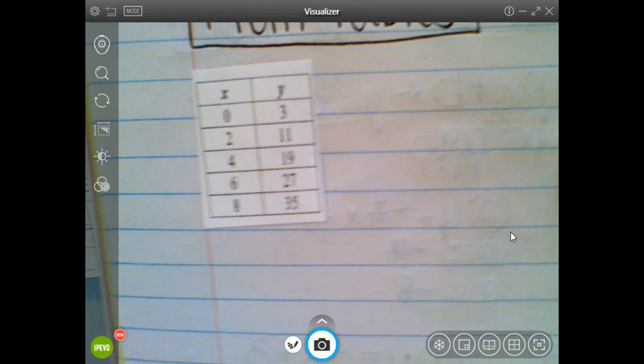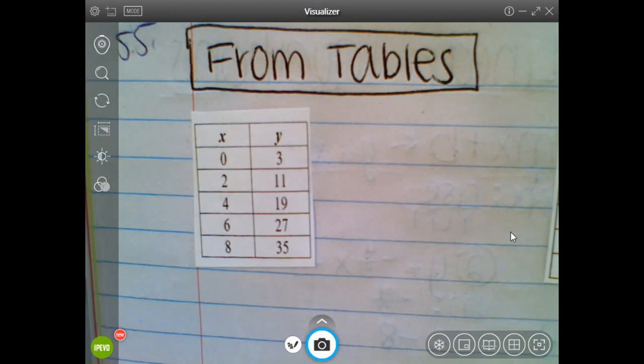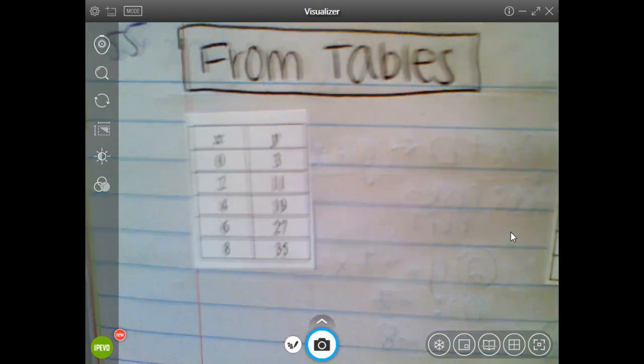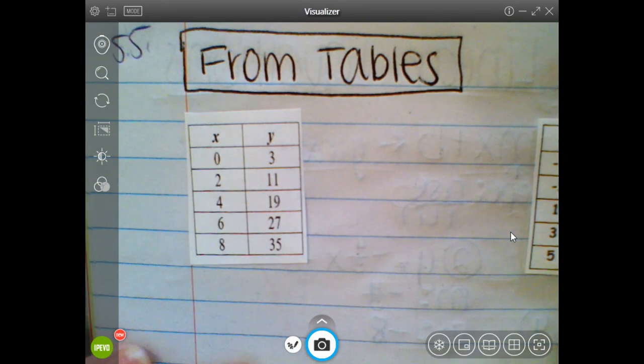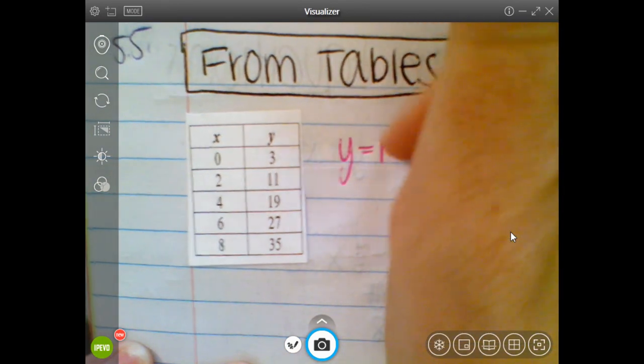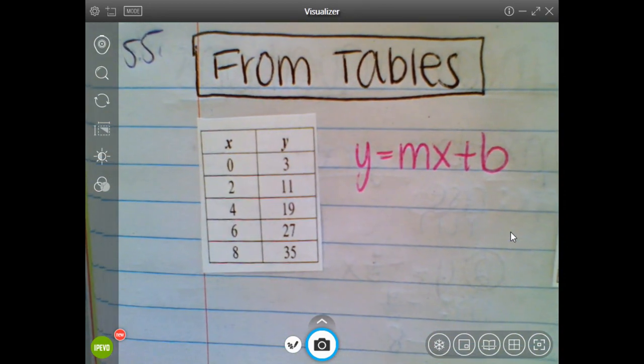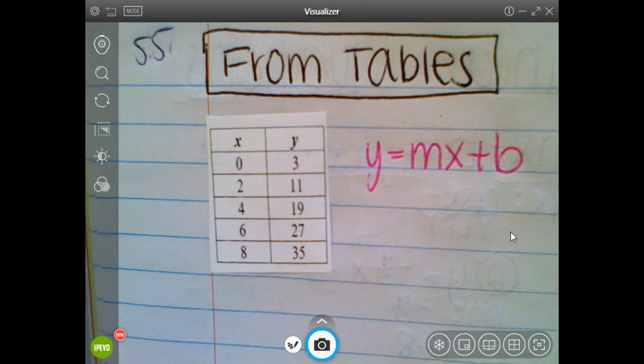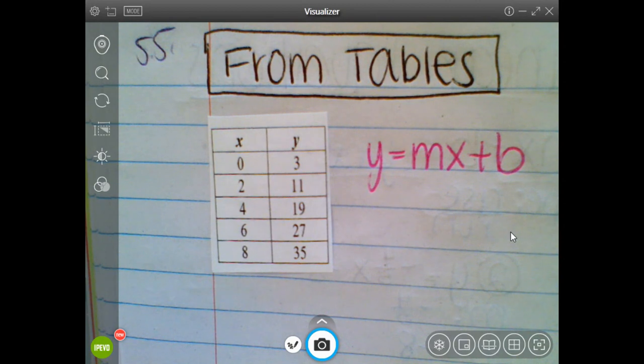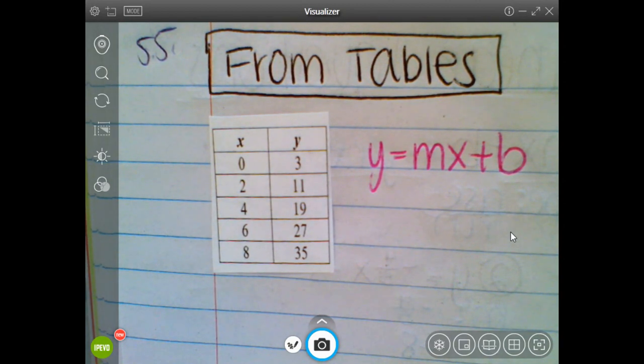Okay, so from a table, well, right now you want to put it in y equals mx plus b. And you might not remember how to find the b. And that's not really everyone's intuitive approach when they're doing this.